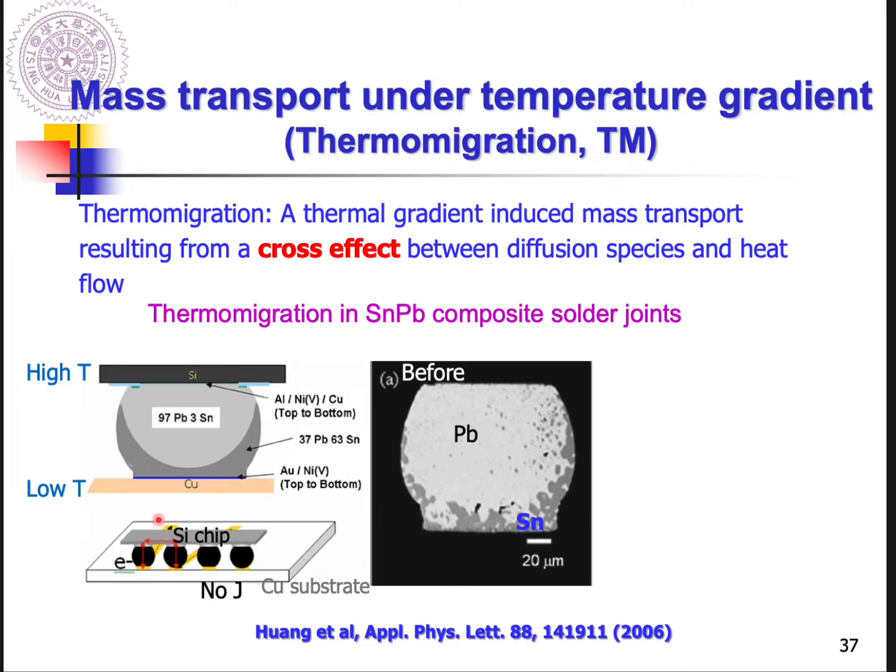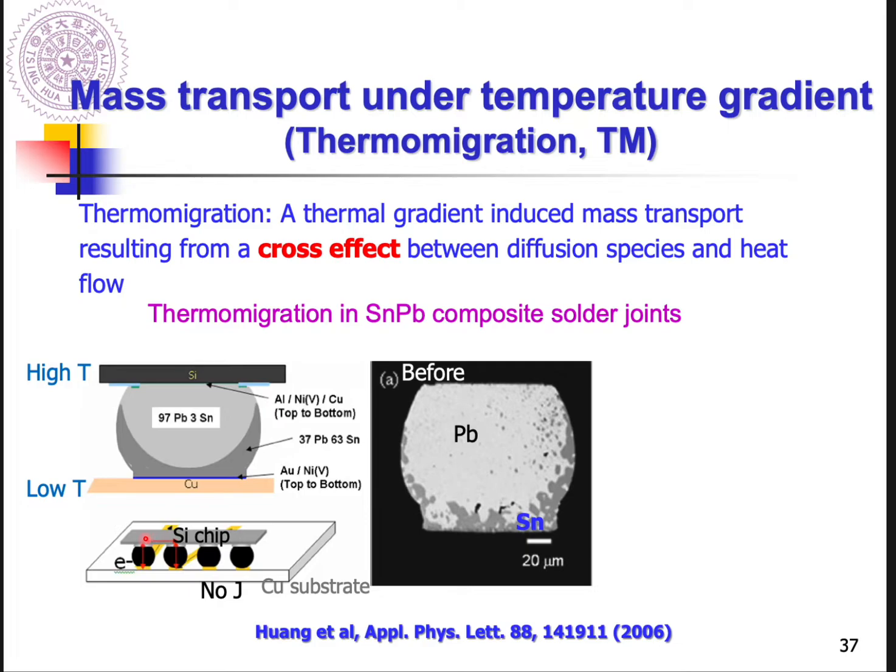Because in order to get a smaller size of the microchip, the length is very small on the silicon chip side. In order to improve the heat dissipation, the connecting line on the copper substrate usually is very thick. The size is larger, and it will help the heat dissipation.